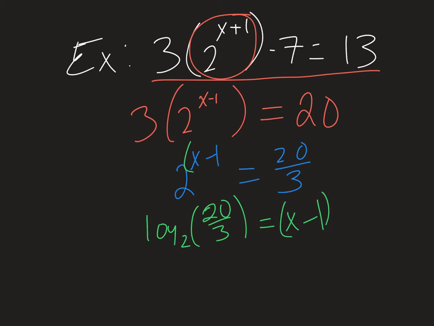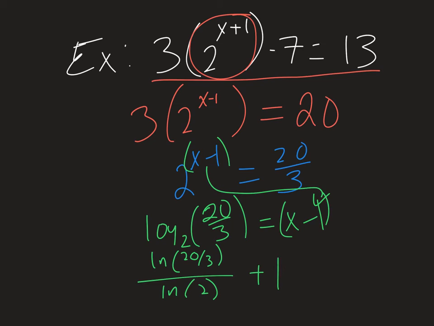Just keep in mind that's your entire power, so the minus 1 has to come over here. Then we can use the change of base formula. So we'll have the natural log of 20 over 3 divided by the natural log of 2, plus 1, because of the add 1, is equal to x.